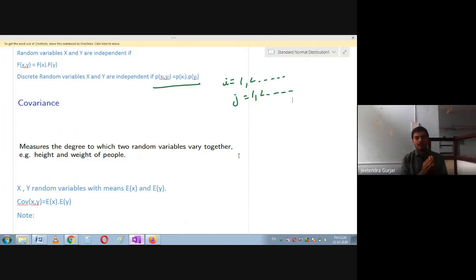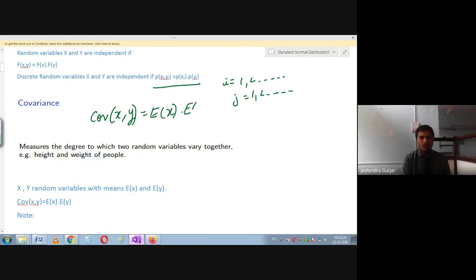Yes, we are going to calculate the mean also, that is E of X and E of Y. So the covariance is denoted by Cov(X, Y), which is given by the mean of X into the mean of Y. Please remember this.